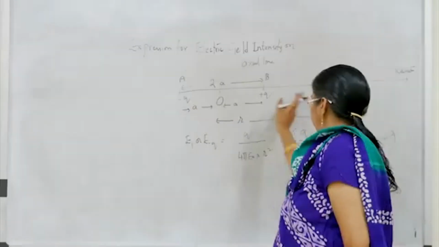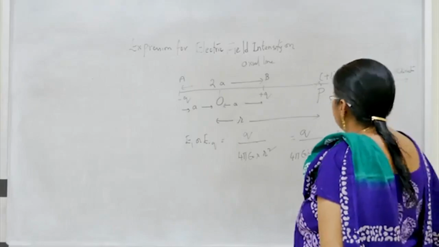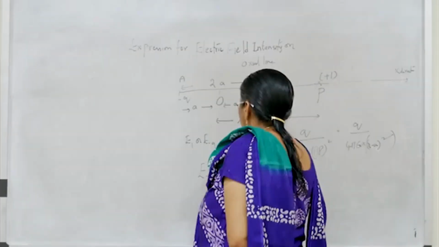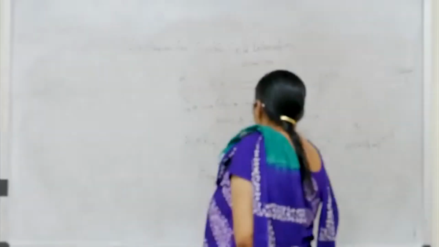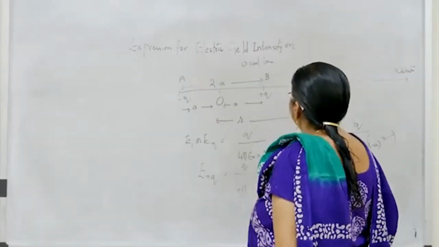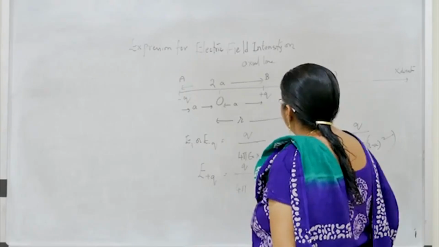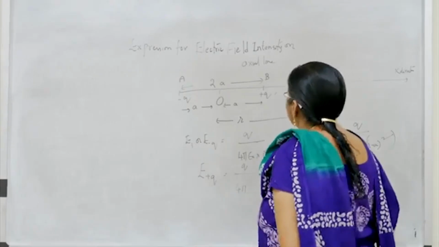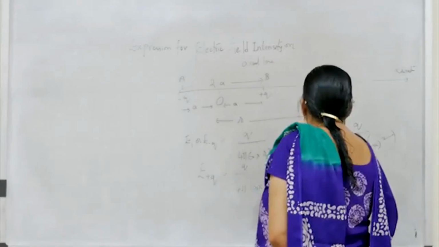So R minus A whole square. So this is R and this is A. So if you want AP square, you have to take this next one, E plus Q. Q by 4 pi epsilon naught into R square.